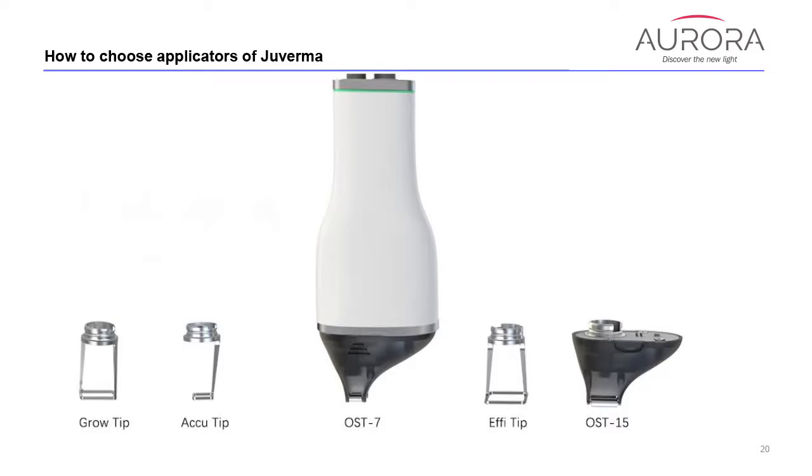Accure is for some small areas like the around. The FA is for the face. Roller tips 7, OST 7 and OST 15 are more focused on the rejuvenation or before the cosmetic drugs penetration with low parameters for the fast treatment.